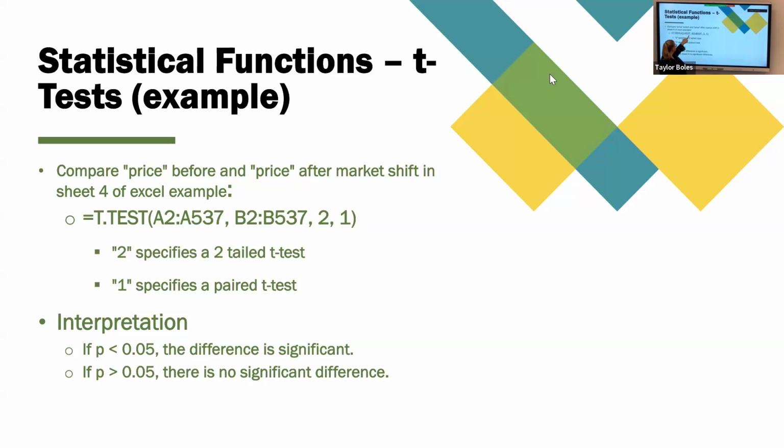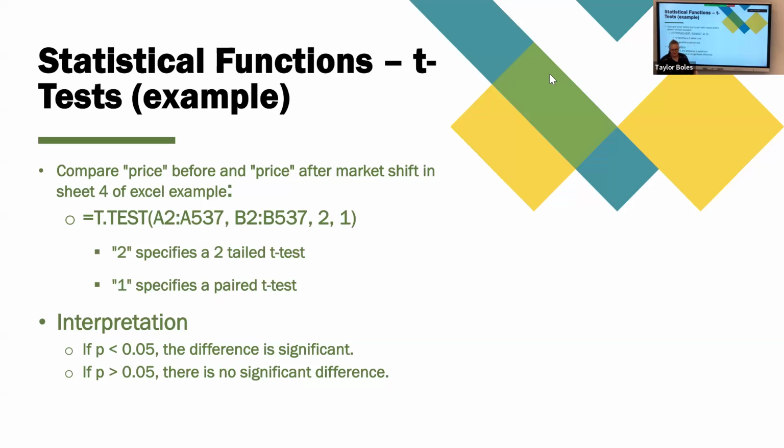You would select the A column, which is your price column, and the B column, which is the next price column. So there's before and after. And then the 2 specifies a 2-tailed t-test. The 1 specifies a paired t-test. So again, this is paired.